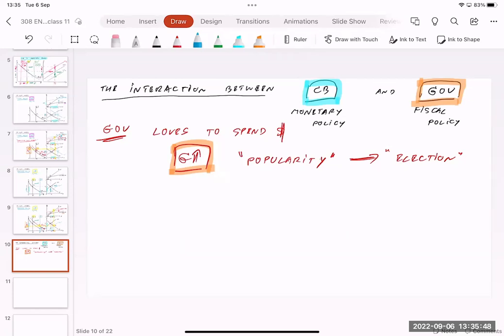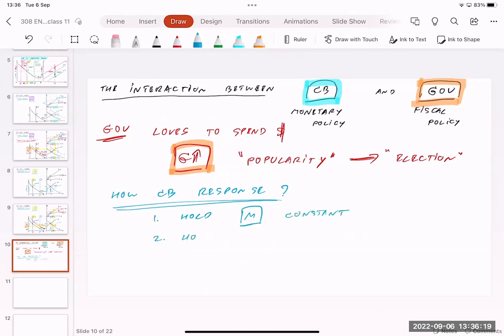So in this section, we're going to talk about how the central bank responds to the government when the government increases spending, increasing G. There are three ways to respond. Number one, the central bank may hold the nominal money supply constant.